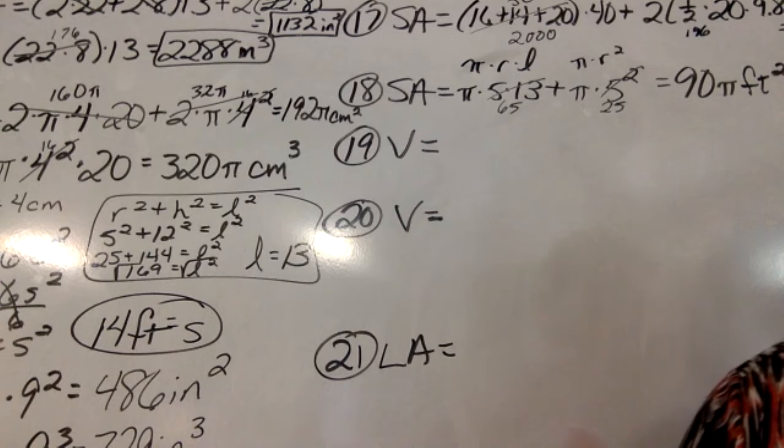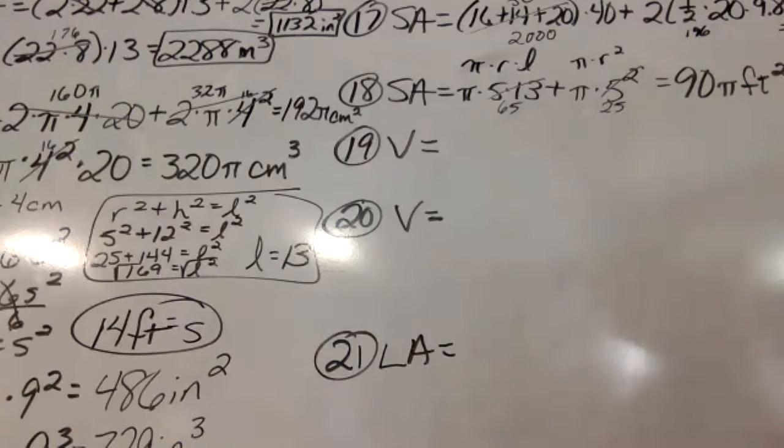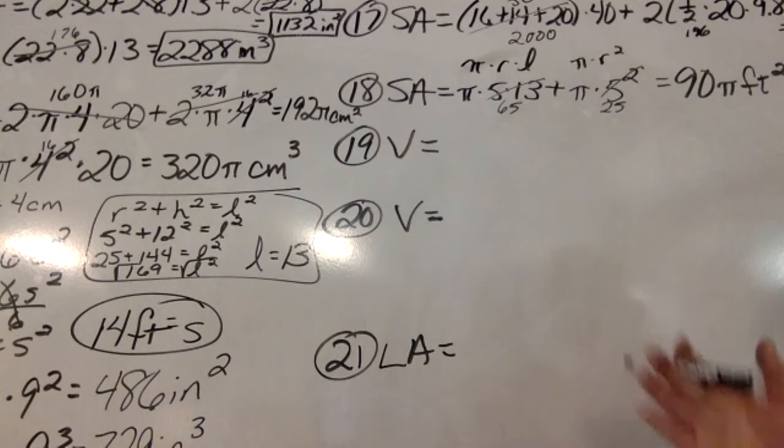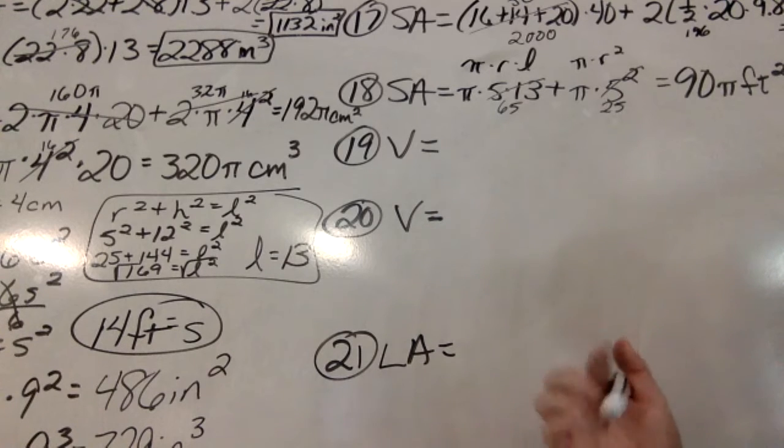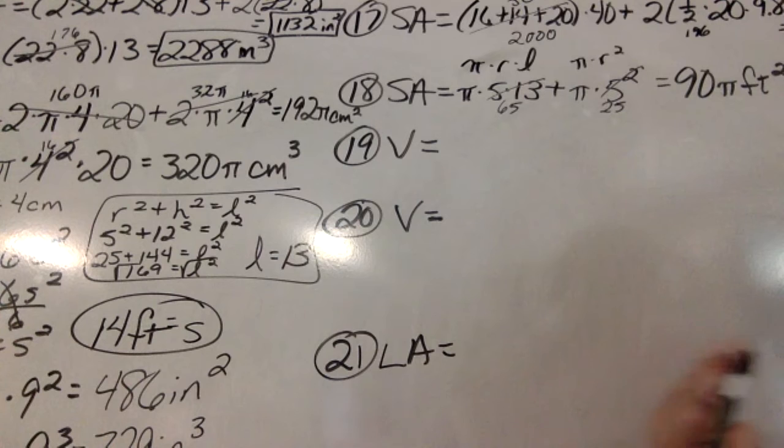Now your volume for the cone is similar to the volume for a cylinder, okay? The volume for the cylinder was pi r squared h, the area of the circle times the height. So when I go to do the volume of a cone, it's the same thing, except it narrows in to the one single vertex.